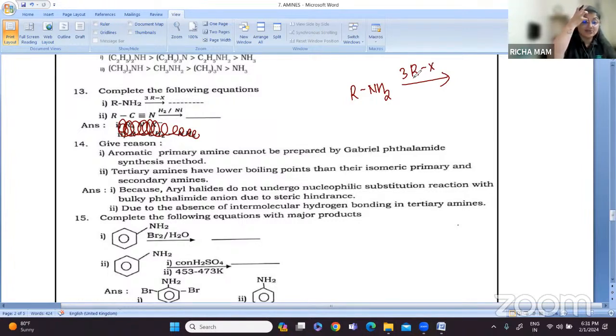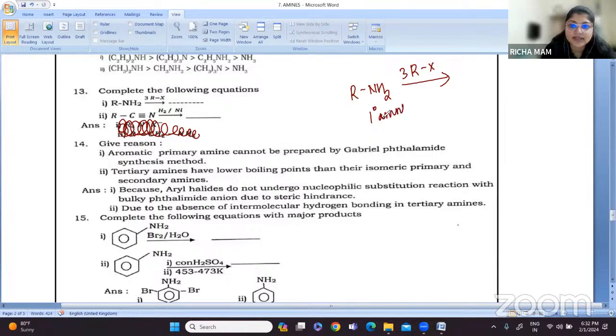What will you get? RNH2, that is a primary amine.